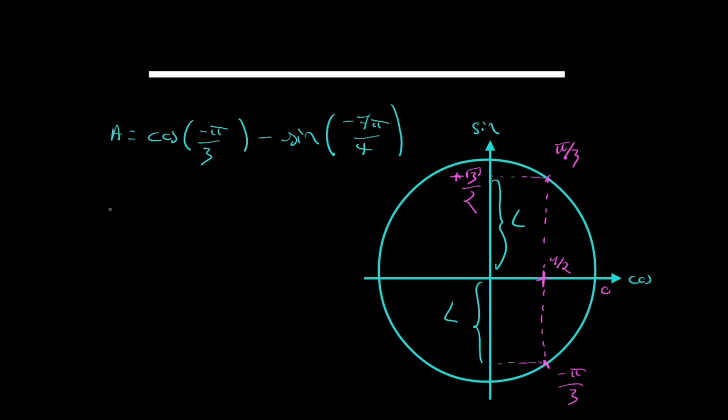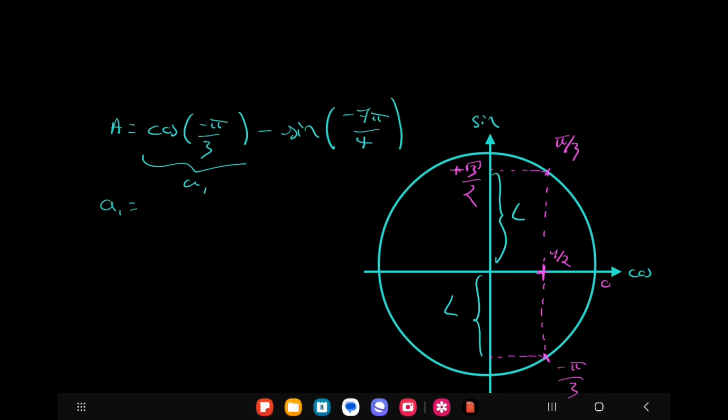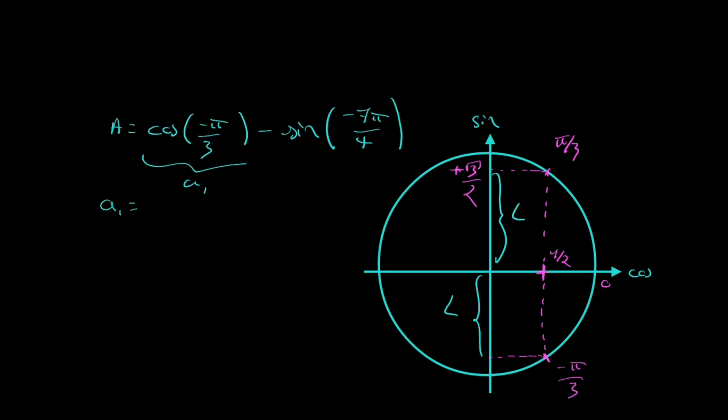is the same as this length here, but going on the negative side of the sinus. And so we can say first, so A1, which is this part, A1 is equal to plus, because this is the same thing, plus the cosinus of pi over 3, that we know, we don't have to do this step, so plus 1/2.